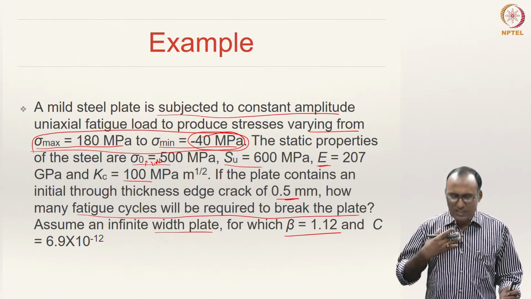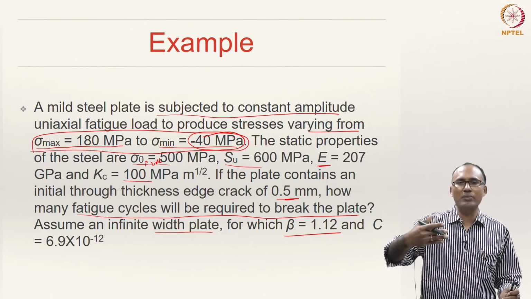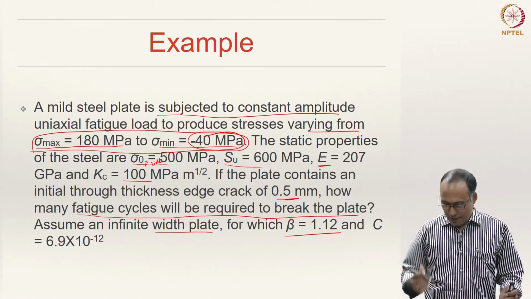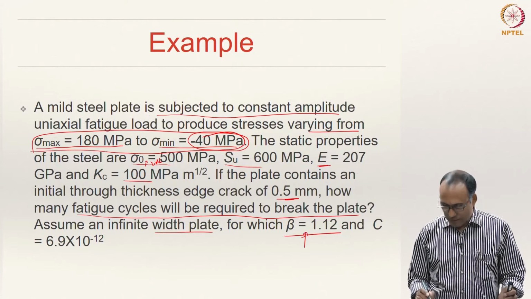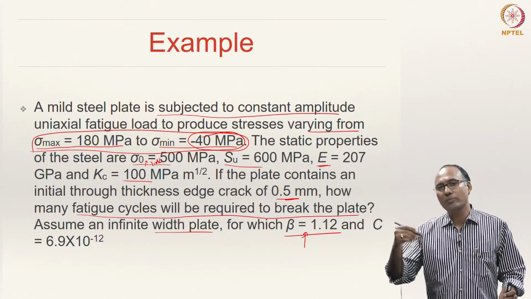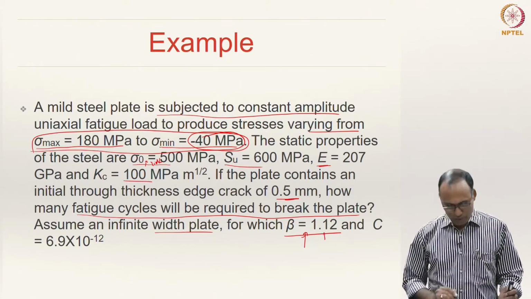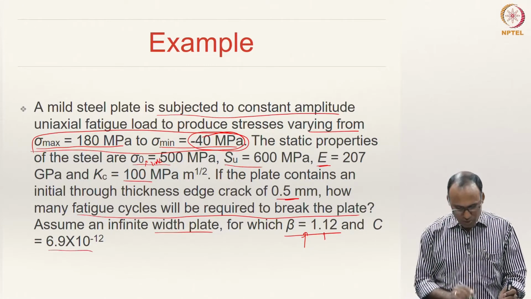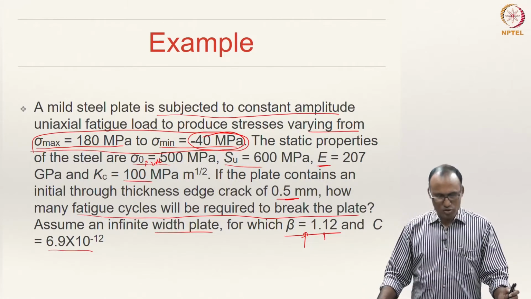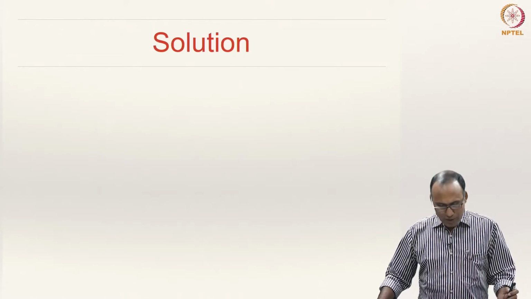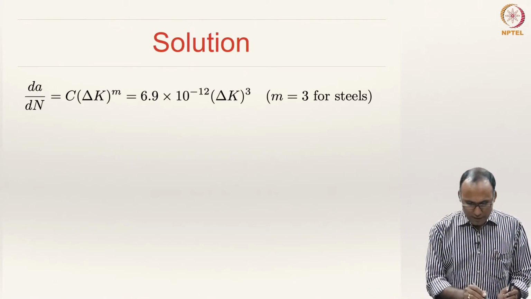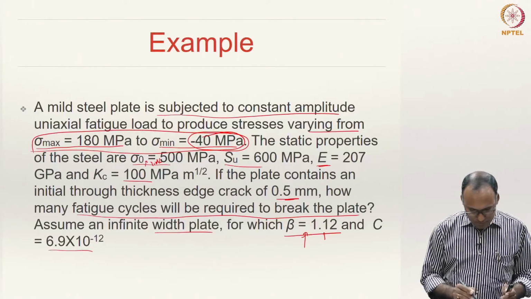The reason the infinite width has been given is because the geometry factor comes into play, for K equal to beta times sigma root pi a, where the beta value is given as 1.12, and C equal to 6.9 into 10 power minus 12. Okay. So, the solution: we know that this is mild steel.